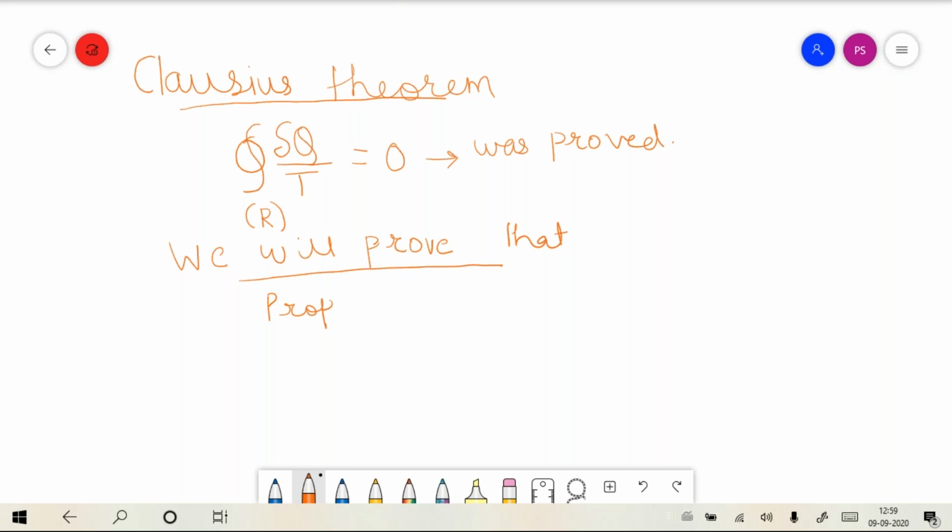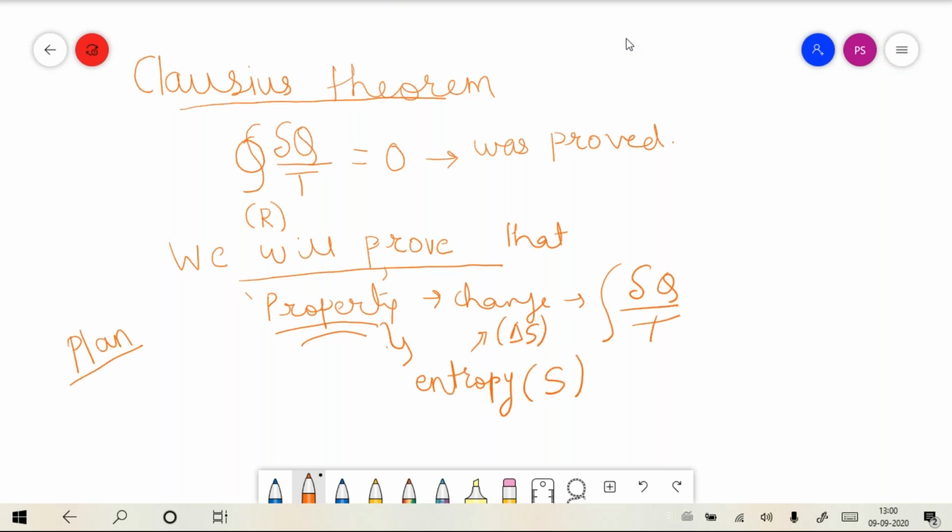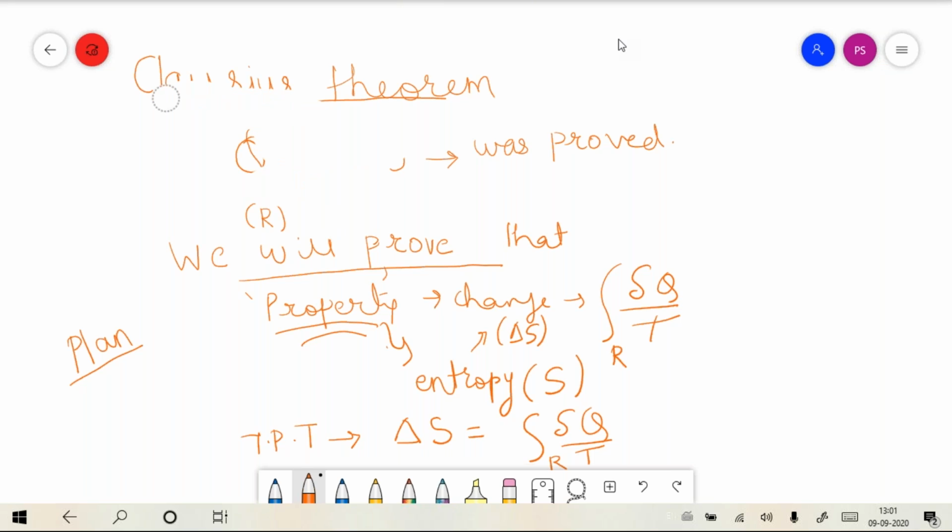This is just based on what a property is, and on the understanding of the first question that was raised, that is, what you understand by property, whether a property is a path function or not. If you had seen the videos carefully, let me rub this and go for the proof.